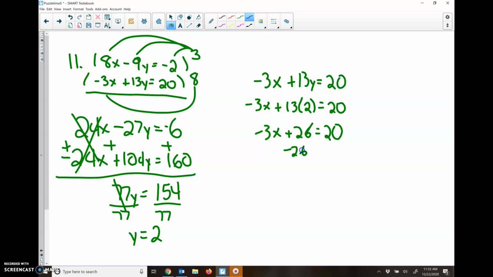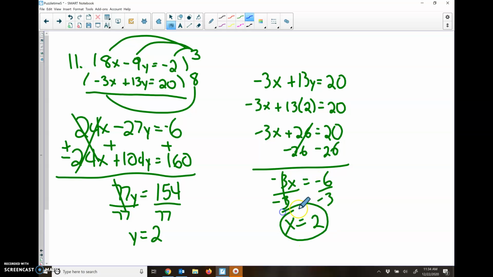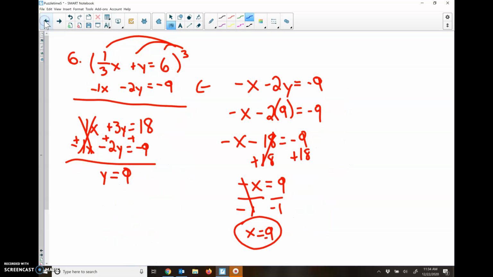And then remember, we subtract 26 from each side because it's a plus 26. So negative 3x equals negative 6. And then it's multiplying negative 3 times x. So I'm going to divide both sides by negative 3. So I end up with negative 6 divided by negative 3 equals positive 2. So we end up with y equals positive 2 and x equals positive 2 for this one.